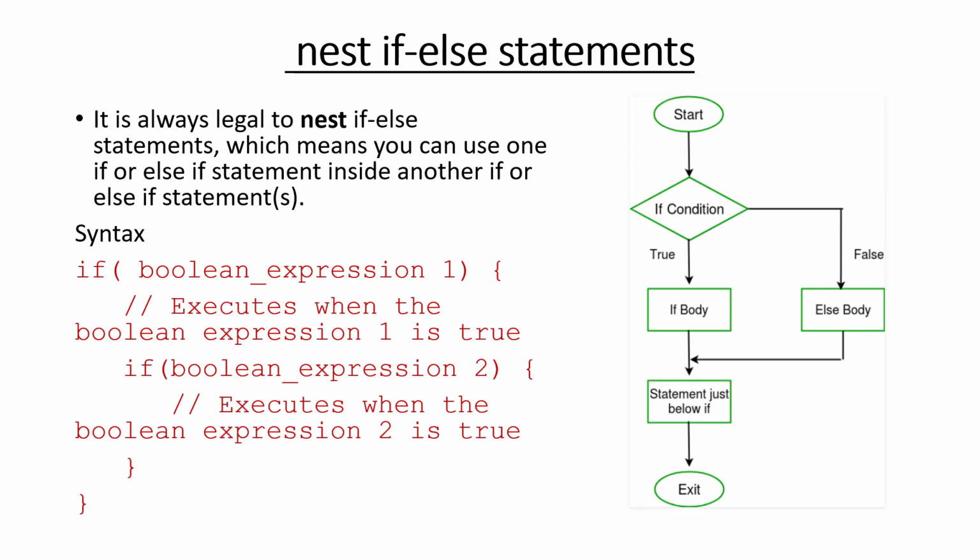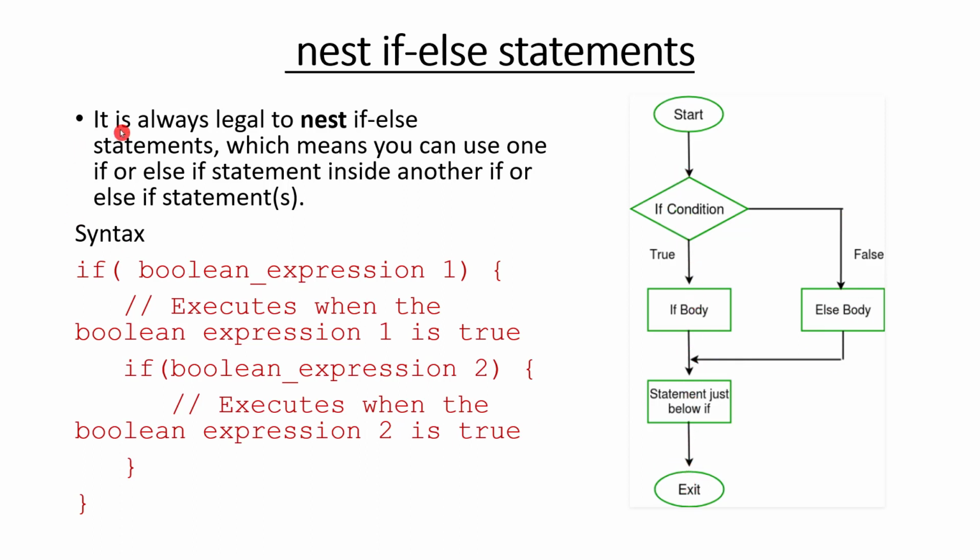Then we have the nested if else statement. It is always legal to nest if else statements, which means you can use one if or else if statement inside the other if or else if statements. We'll see the flowchart first. Start: if the condition is false, then some other condition will be executed, then come to the main program. If it is true, it comes to the main body.